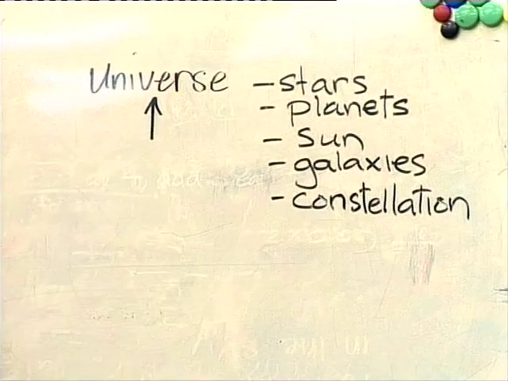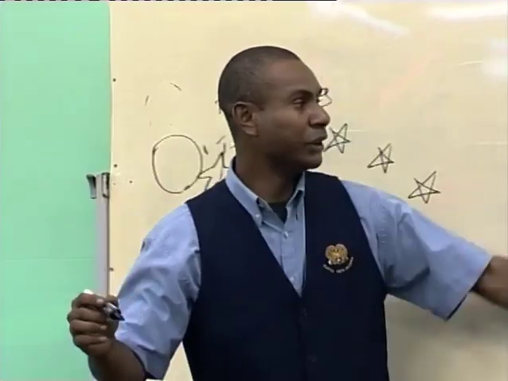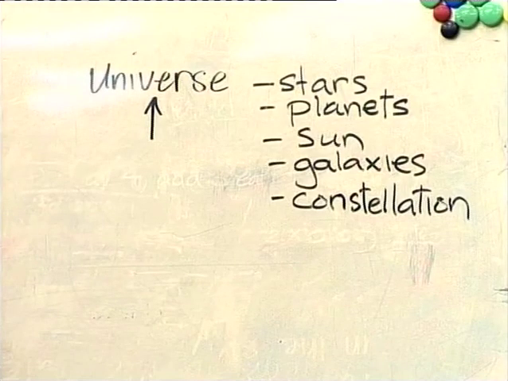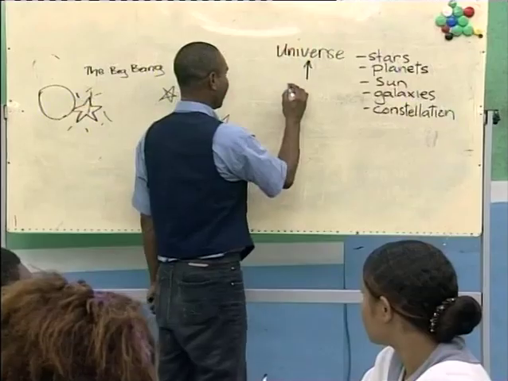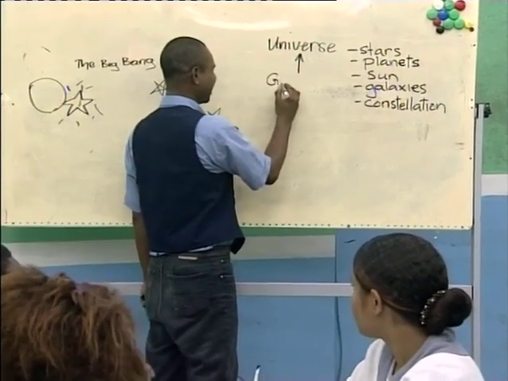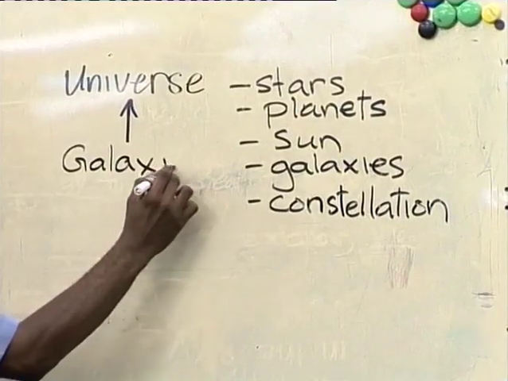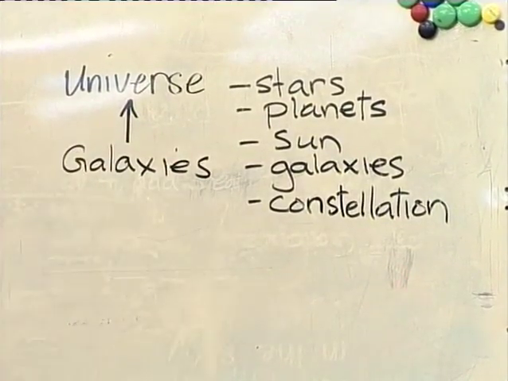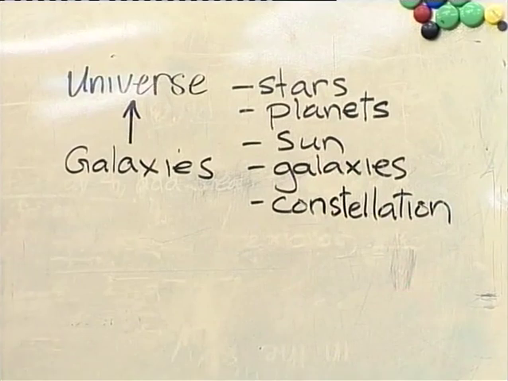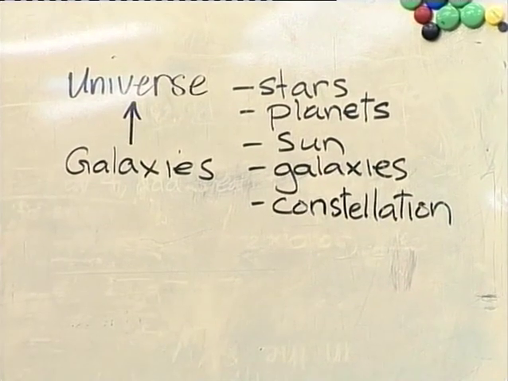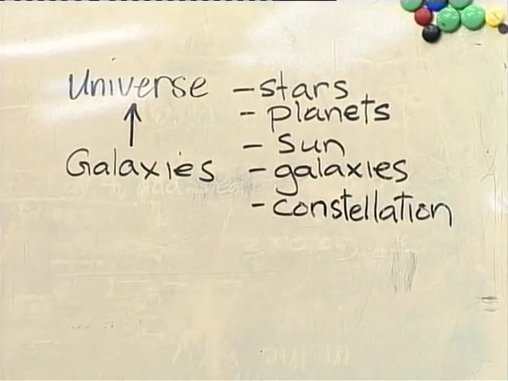In the universe, we have all these. We have the stars, the planets, the sun, the galaxy, the constellation of stars, all that exists in the heavenly body. The universe is made up of galaxies. Long ago, ancient scientists thought that there was only one galaxy.